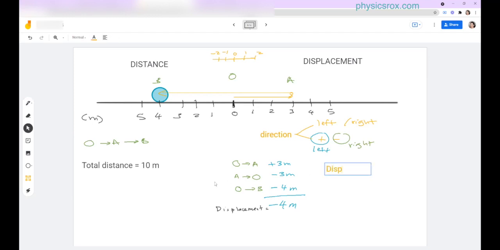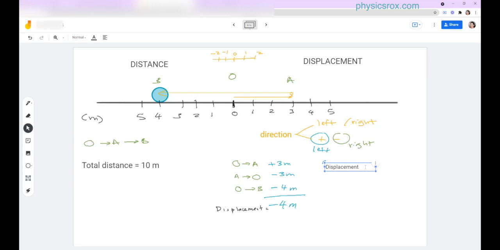So next time, if you count displacement, let me put it this way.